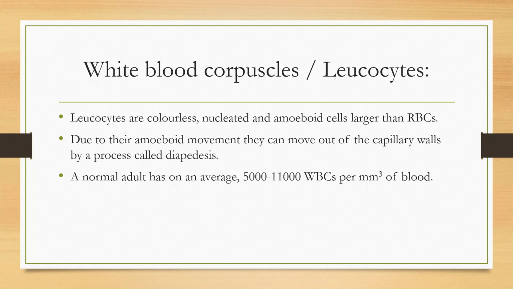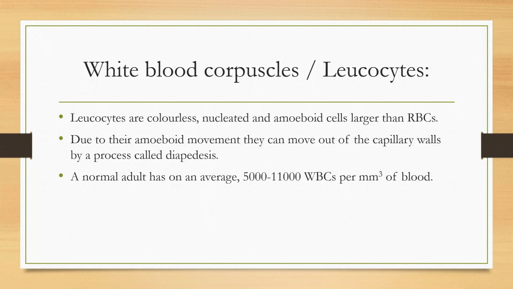Now, due to their amoeboid movement, they can move out of capillary walls, and this process is called diapedesis. Because of this amoeboid movement, they can come out easily of the capillary walls. We know in our body blood vessels are present, that is arteries and veins.